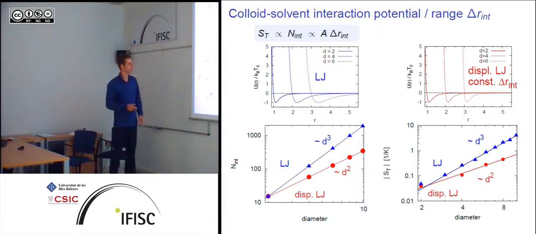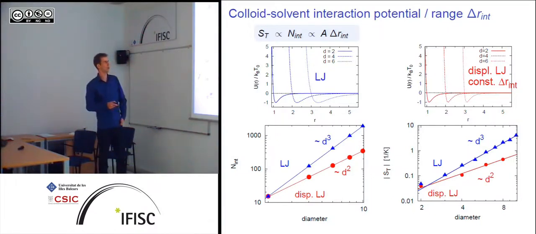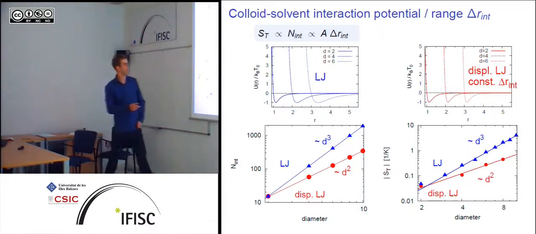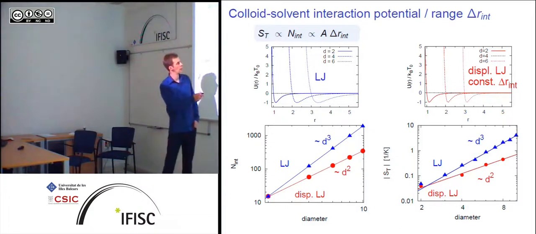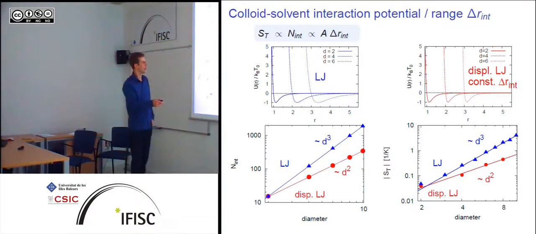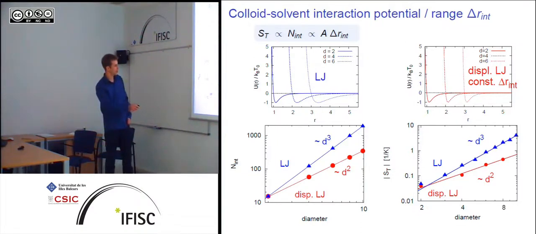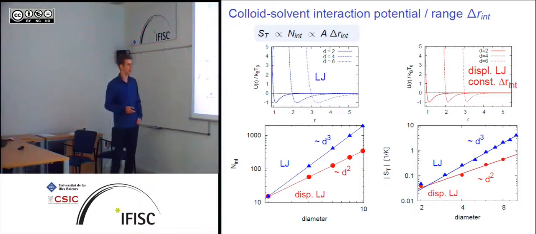And now, if we want to modify our potential, we use the potential with a constant interaction range, we find that the number of interacting particles is only proportional quadratically to the Fourier coefficient. And this is also true.